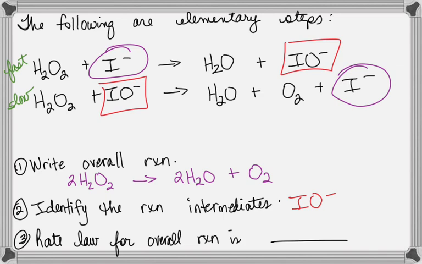So what's the rate law going to look like then? It's got to match the second equation, right? Because it always matches the slow step. You would include the intermediate in it. So that's the answer for that one.